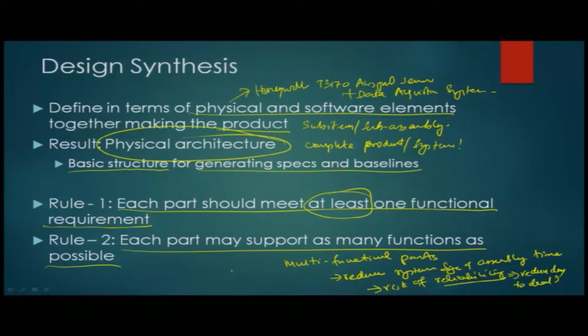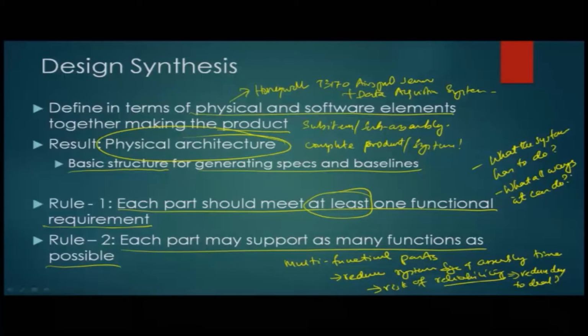So in a way, this whole analysis helps us better understand, first, what the system has to do. This is the first thing that we understand better. The second thing is in what all ways the system can do what it has to do.